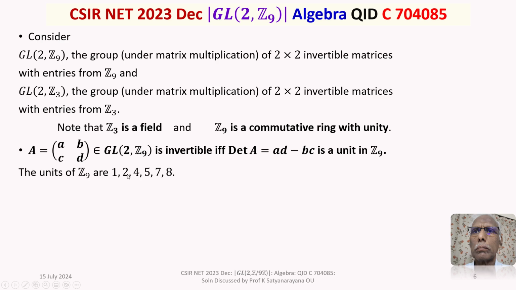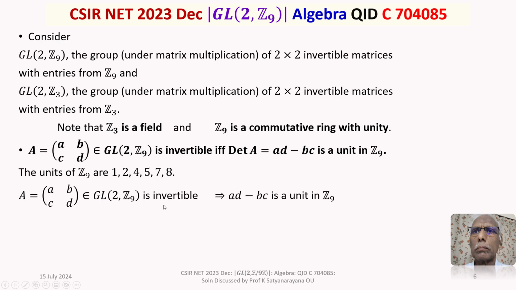The units of Z9 are 1, 2, 4, 5, 7, 8. What are the non-units? 0, 3, 6. They are not units. Agreed. Now take ABCD belonging to GL2 Z9 is invertible. It means AD minus BC is a unit in Z9.